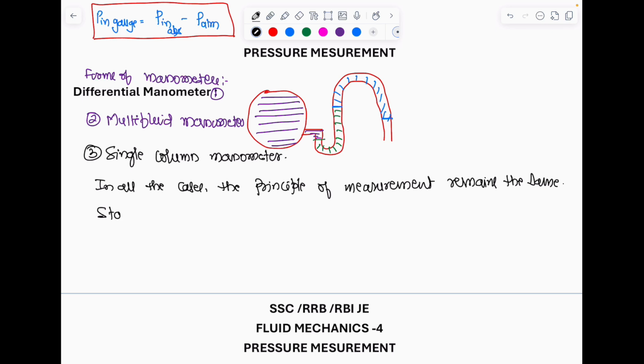Start from P atmosphere, go up to the point where the pressure is to be measured.